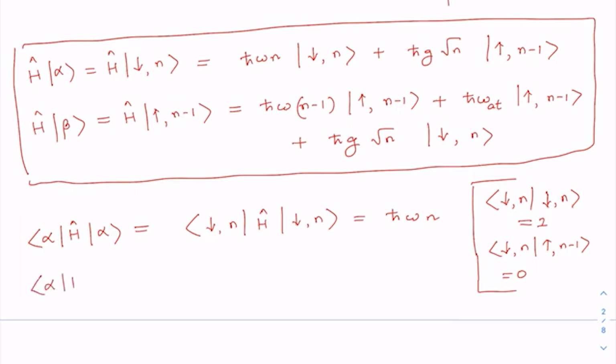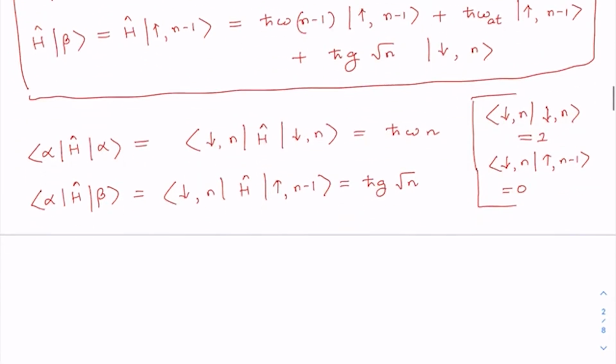Similarly, for alpha H beta, here it is the up state and n-1. If you look at this term, you can find that this would be equal to ħ z square root of n.